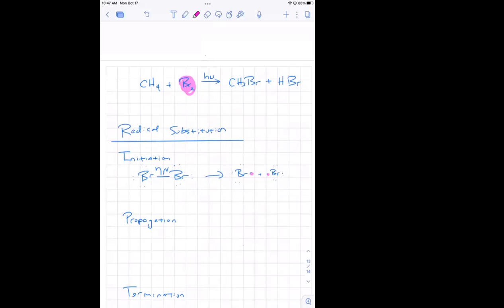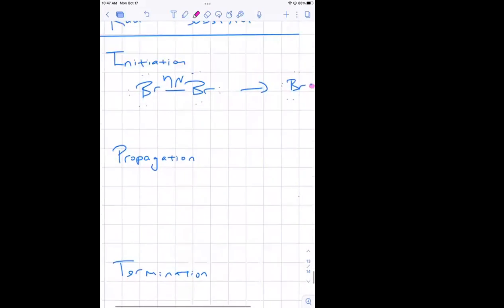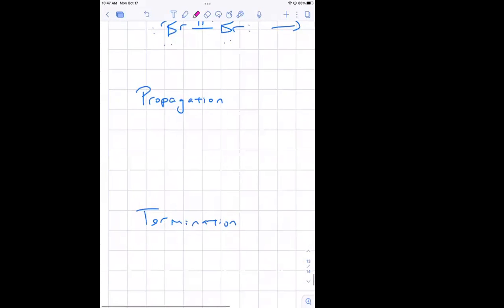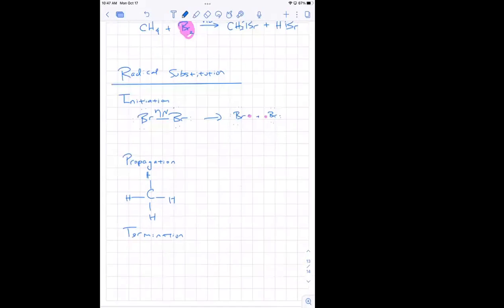All right. Now, propagation, what happens, Cameron? New radicals. For initiation, reactive radicals are made. Propagation. I just did the good news challenge, not on purpose.